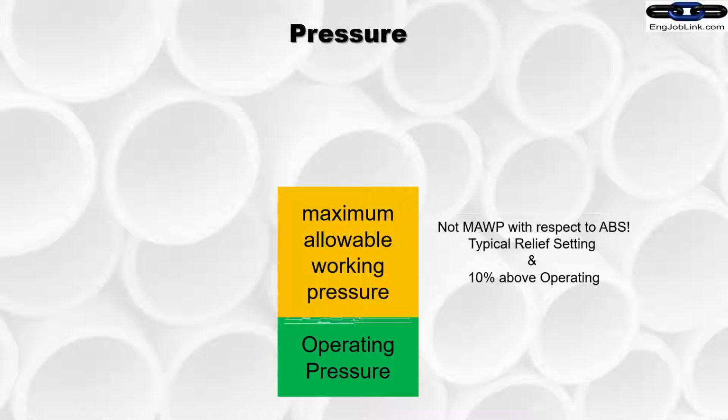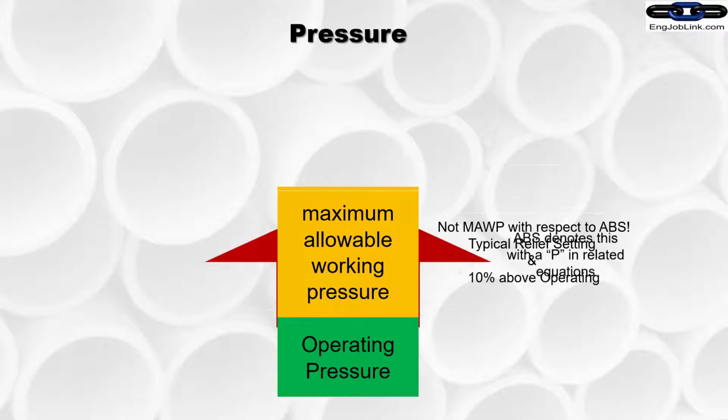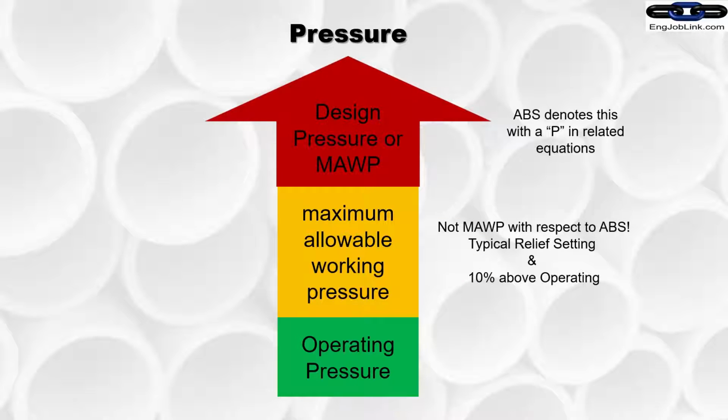And then above that, you have the MAWP. According to ABS, they call this P, or the design pressure. So when you see P in ABS documents, it's the maximum allowable working pressure that we're talking about here.